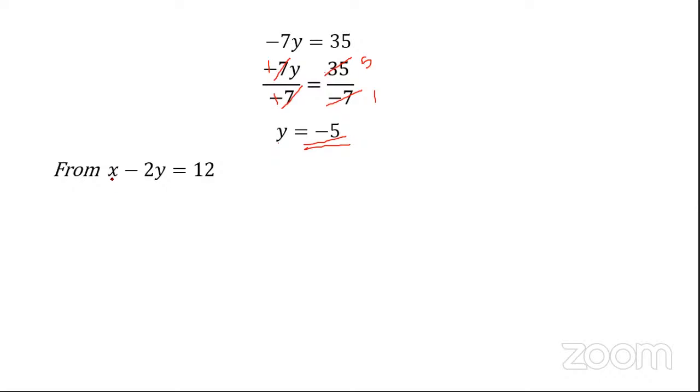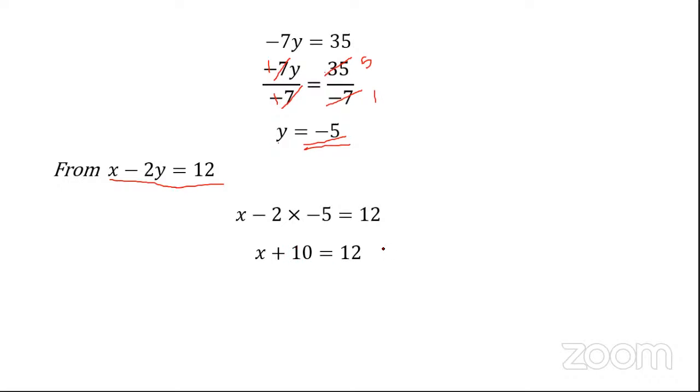So if I pick x minus 2y equaling to 12, so my x minus 2 times y, the value of y we have got as negative 5, so negative 2 times negative 5 would give us positive 10, because negative times another negative would give us a positive. So it would be x plus 10 equaling to 12.